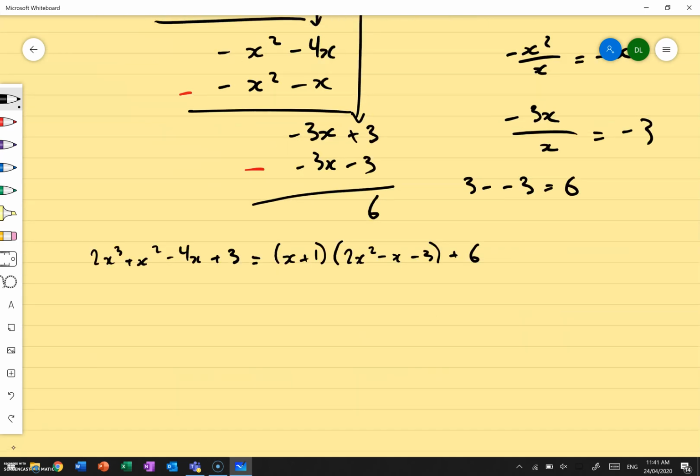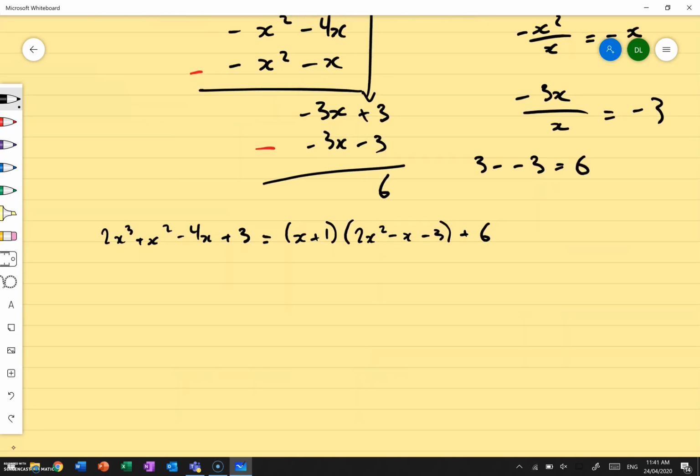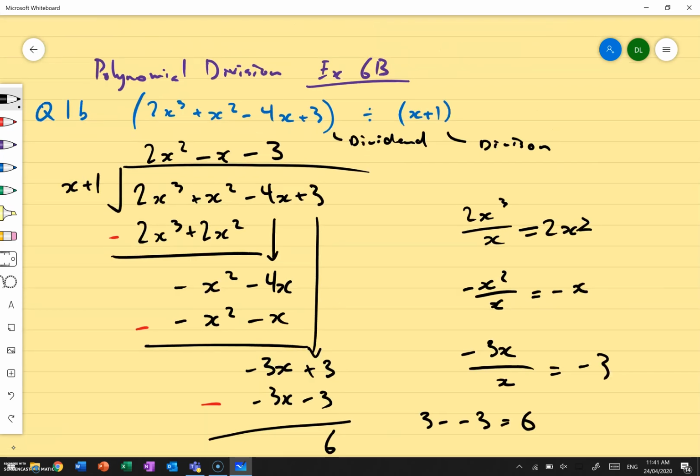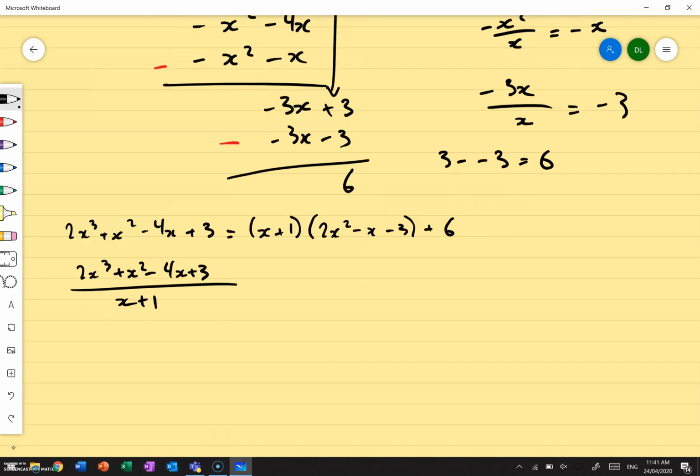Or if I wanted to rewrite that, I could divide everything by the divisor. So if I said 2x cubed plus x squared minus 4x plus 3 divided by x plus 1. So that's the original question up here, the one in the blue. Now if I do that, I just divide by x plus 1 on both sides.